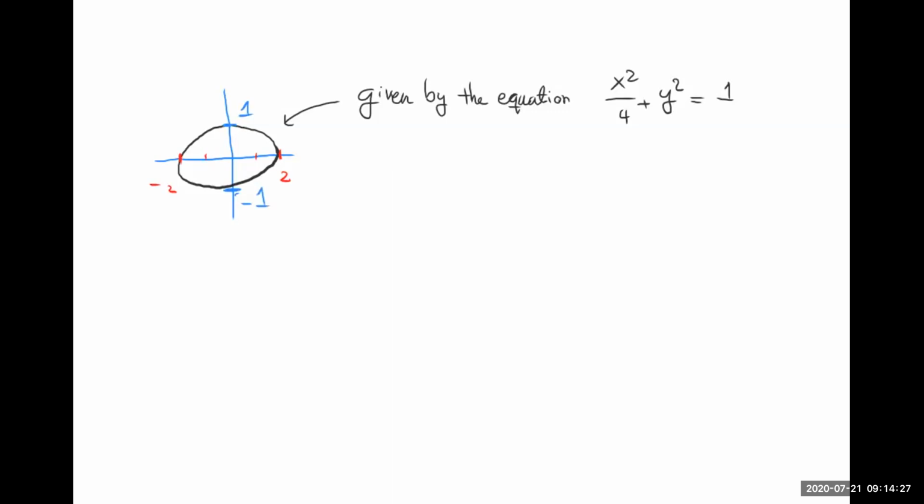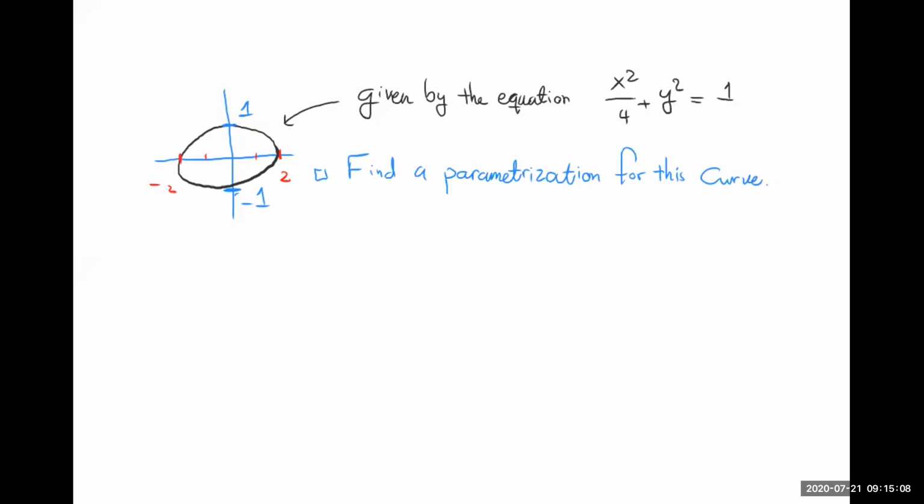Now, I might ask you to find a parameterization for this curve. What does it mean? It means this curve is given.